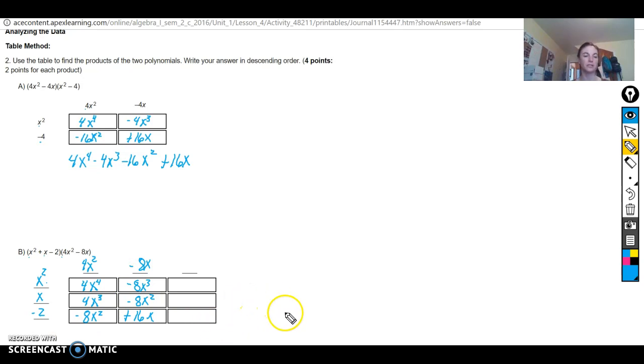So now if I want to combine like terms, I only have one x to the fourth term. So 4x to the fourth. I have two x cubed terms. So negative 8x cubed and positive 4x cubed gives me a negative 4x cubed. And I have 2 x squared terms. Let's see what I did wrong here.